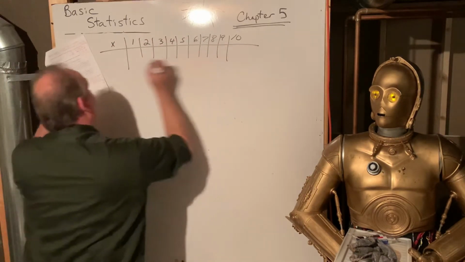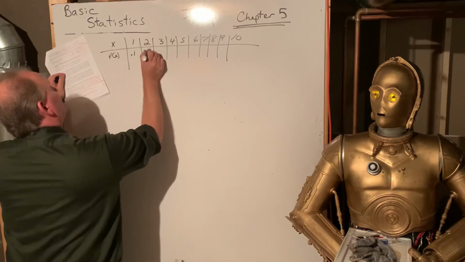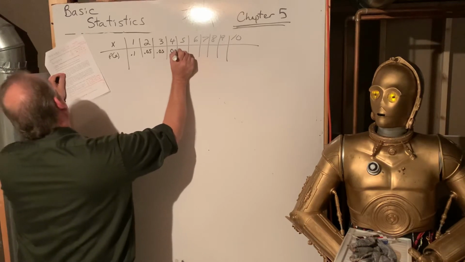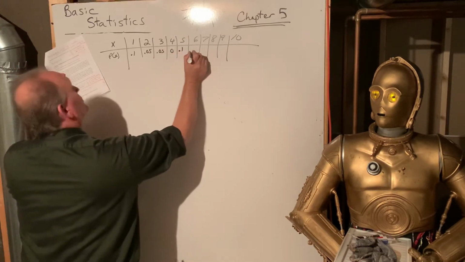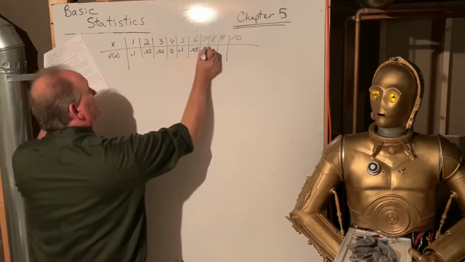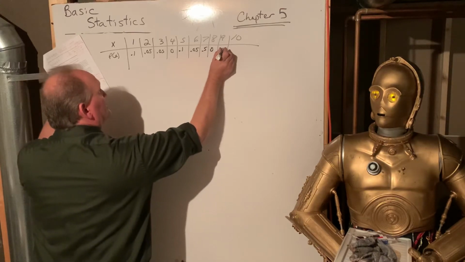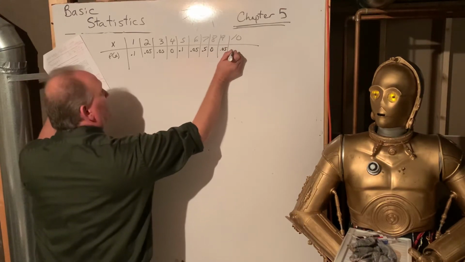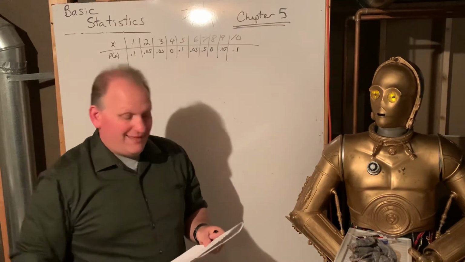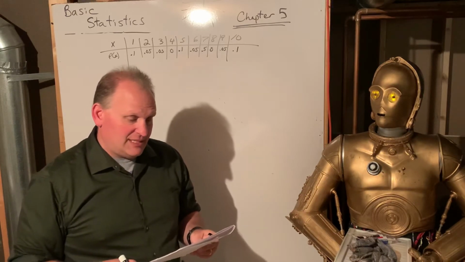All right, and then the probabilities of X: 0.1, 0.05, 0.05, 0, 0.1, 0.05, 0.5, 0, 0.05, and 0.1.